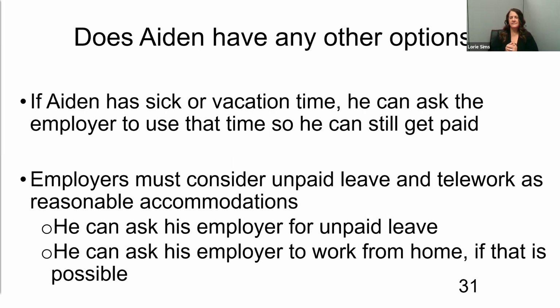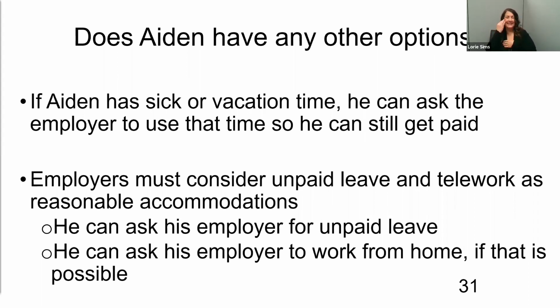So I want to explore other options that Aiden may have. The first option is if Aiden has sick or vacation time, he can ask his employer to use that time so he can continue to be paid. An employer must consider unpaid leave and telework, which is working from home, as a reasonable accommodation. So Aiden can ask his employer for unpaid leave, or he can ask his employer to work from home if that's possible.